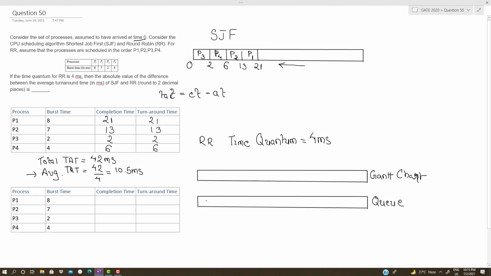So in the queue, P1 followed by P2 followed by P3 followed by P4 will be executed because they have given this order. Okay. So now it will start from 0, and let me write the burst time as well over here. 8, 7, 2, 4. This is the burst time for P1, for P2, for P3 and for P4.